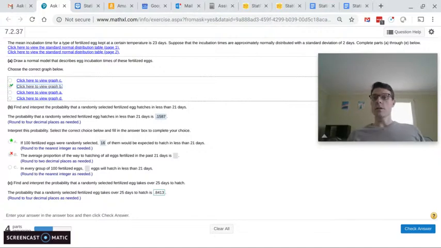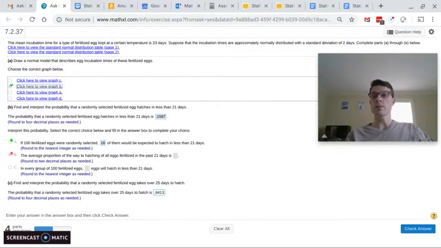Of course, 84% are going to incubate in more than 21 days. So out of 100, you'd expect about 84 to incubate in more than 21 days. Now, those aren't exact. If you took a random sample of 100 eggs, you're not going to get perfectly 16 of them that incubate in less than 21 days. But this is what we can expect on average.